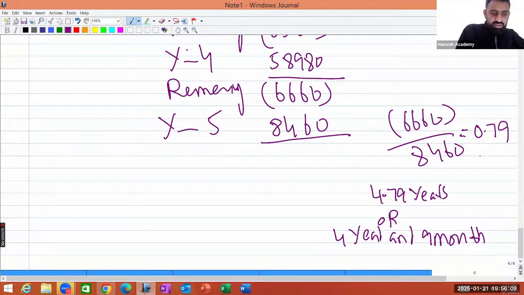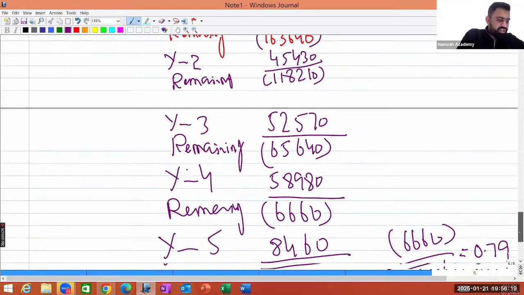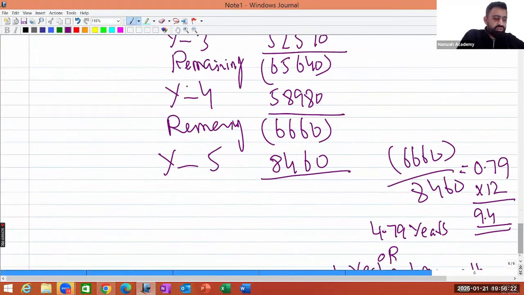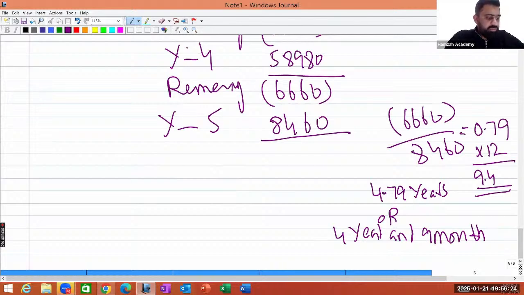To convert it into months, you need to multiply it with 12 and you will get 9.4 months. So 4.79 years or 4 years and 9 months would be the payback period.